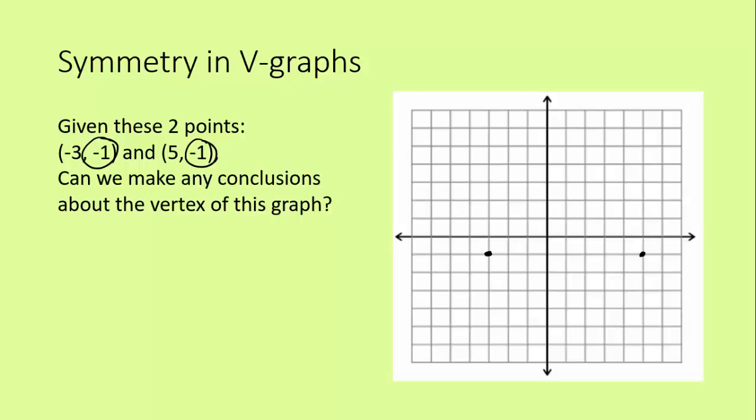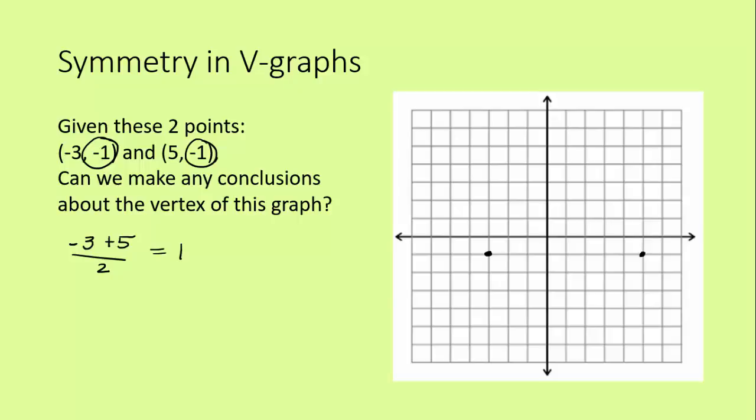Halfway between these points will be the center of the graph. So halfway between -3 and +5, you probably already see what this is, but in case you had any doubts, you could always find the average, and that would be +1.